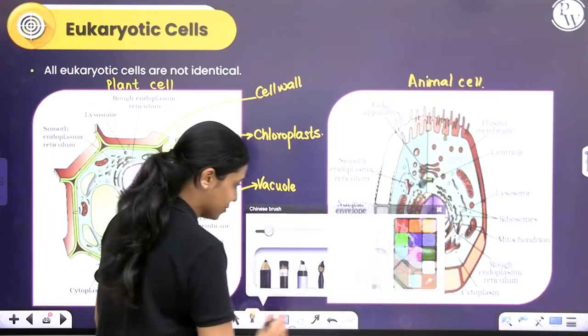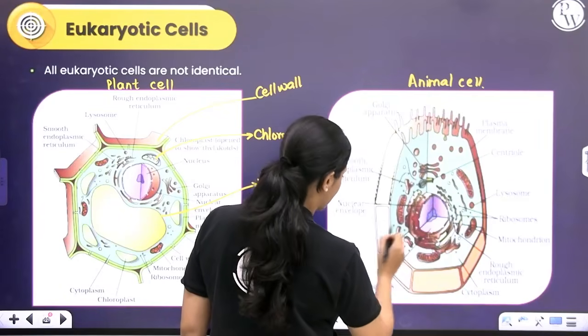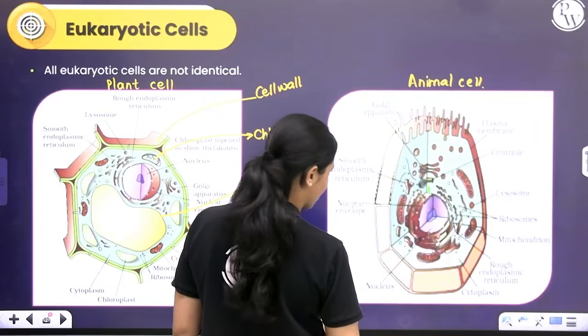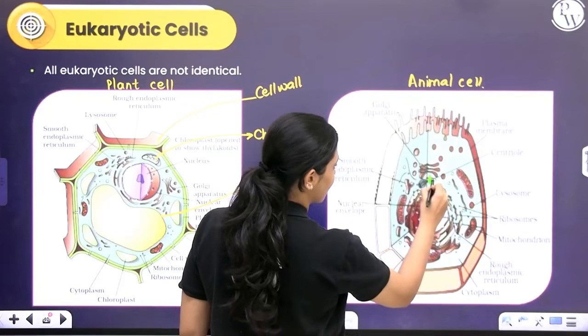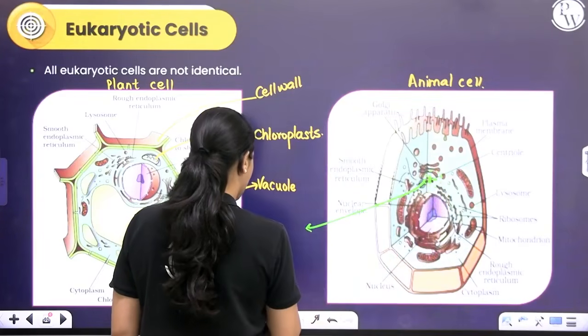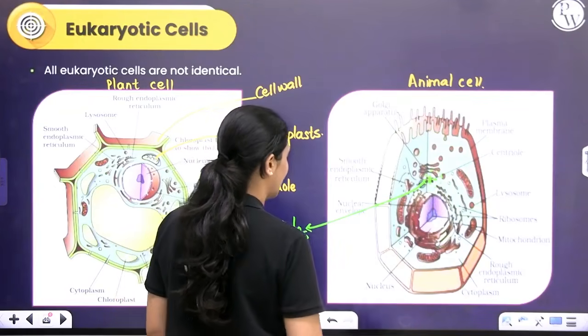Animal cells have, okay, it's not labeled here, but let me draw it myself. Very close to the nucleus. Yeah, it's here. There will be structures called centrioles. They are present only in animal cells. You cannot find them in plant cells.